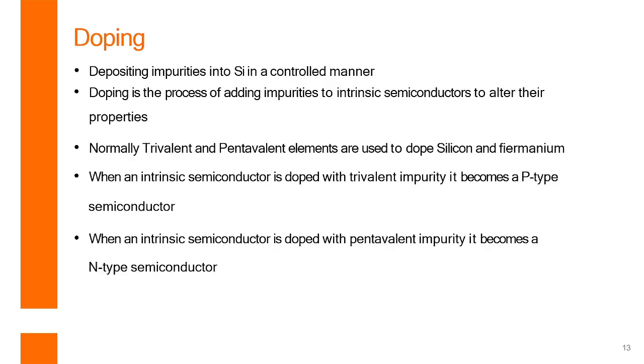Doping means depositing the impurities in the silicon in a controlled way. Doping is a process you already studied in semiconductor physics: adding impurities to an intrinsic semiconductor to alter its properties. Normally trivalent and pentavalent elements are used to dope silicon or germanium.